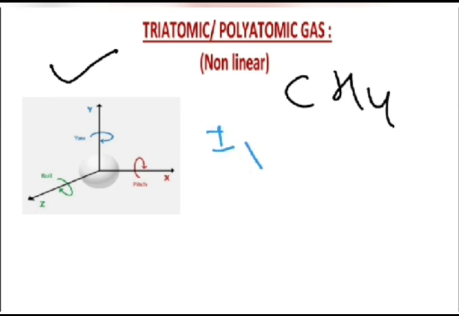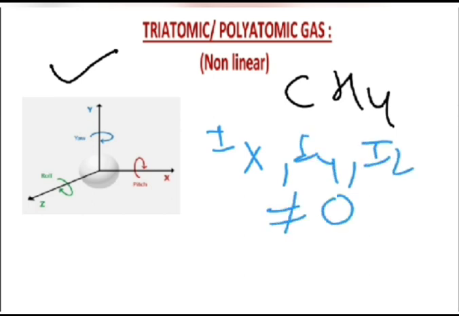That means I can very clearly say Ix, Iy and Iz is not equal to 0. Why is it so? Because all the atoms involved within that particular molecule do not exactly coincide with any one of the axes, right? So it has its own moment of inertia.